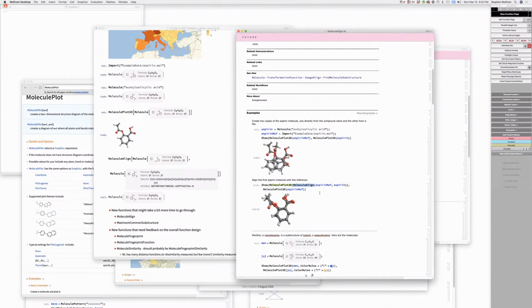Correct. Okay, so if I tried to align water to this, what would happen? In other words, presumably I can align a fragment. Right. So it should tell you that it did not find the reference, the first argument, as a substructure in water. Which is something I think, Jason, we need to work on.